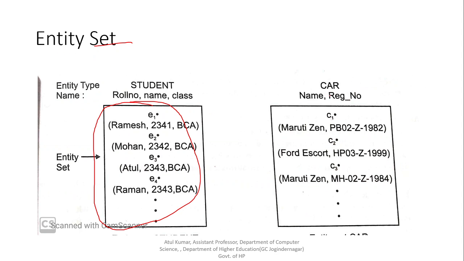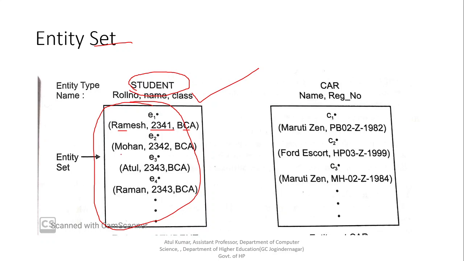Suppose in this diagram the first figure shows an entity named student, and these are the attributes. Roll number, name and class are the attributes of this entity type, and the first instance is E1 Ramesh 2341 and BCA.